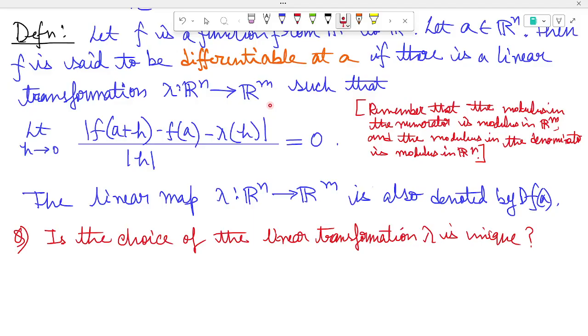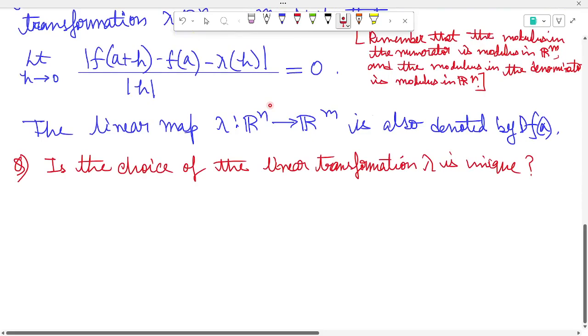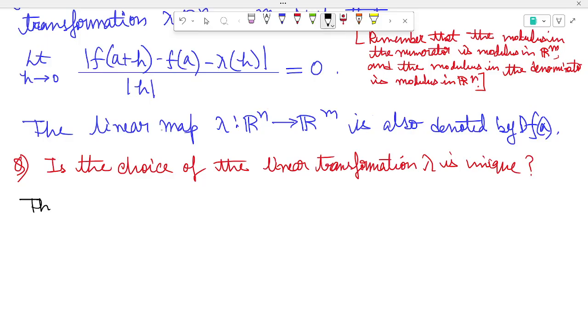Because in the same differentiation, if we are getting two different linear transformations, then this will be problematic, because the differentiation would depend on the linear transformation, and two different linear transformations might give two different results. So that is our next theorem, and the answer is yes, it is unique.